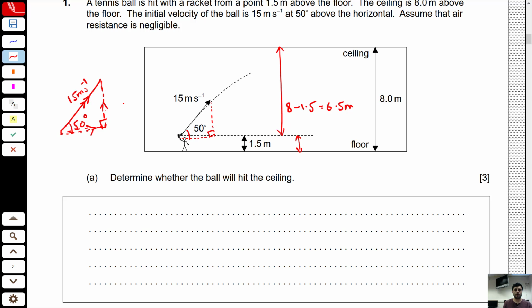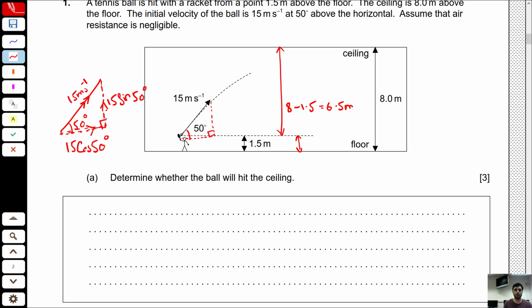Using SOHCAHTOA, the vertical component, opposite over hypotenuse, is 15 sine 50 degree, whereas the horizontal component, adjacent over hypotenuse, is cosine, so it is 15 cos 50 degree.